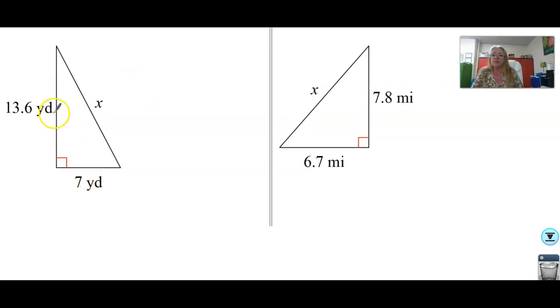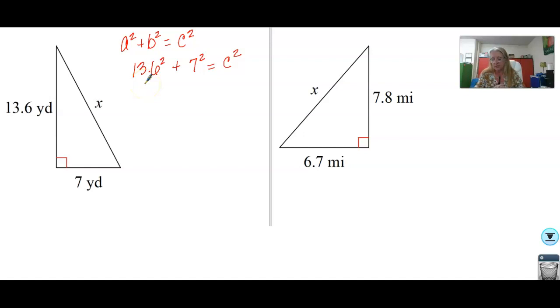Okay, because we're missing a hypotenuse, this is pretty straightforward. We're using a squared plus b squared equals c squared, right? So leg squared plus other leg squared equals hypotenuse squared. So we have 13.6 squared plus 7 squared equals c squared, or x squared. You could put x if you want. Now we need to square these.